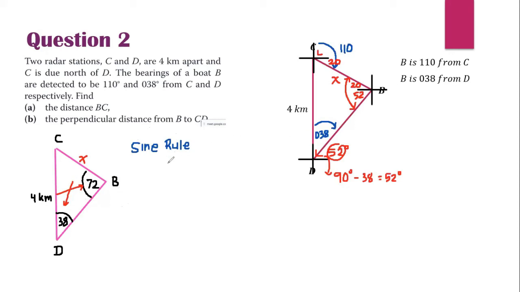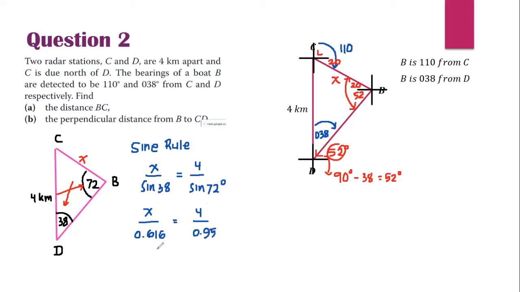Is it clear? So x over sine 38 equal 4 kilometer over sine 72 degrees. So x over 0.616 equal 4 over 0.95.